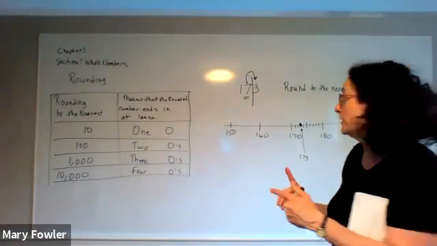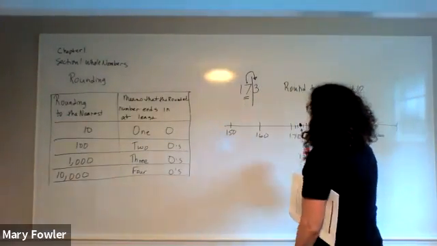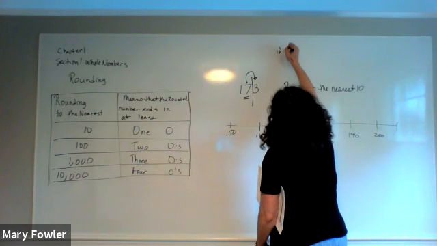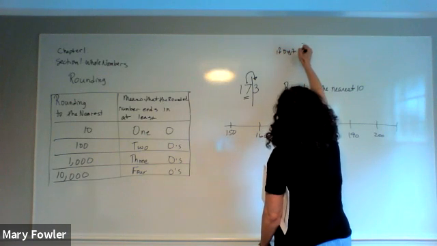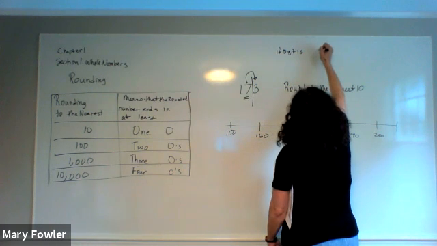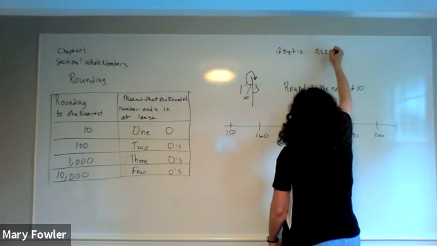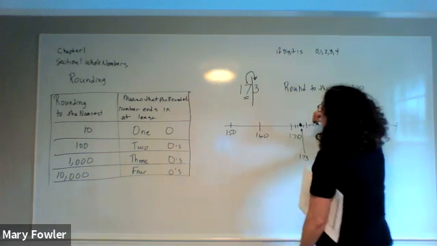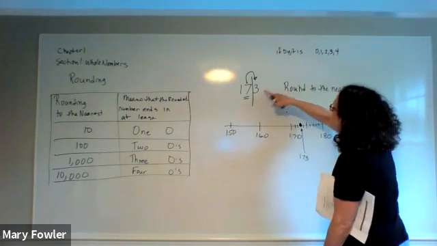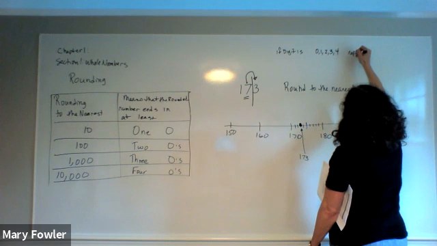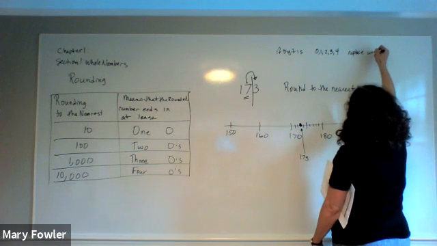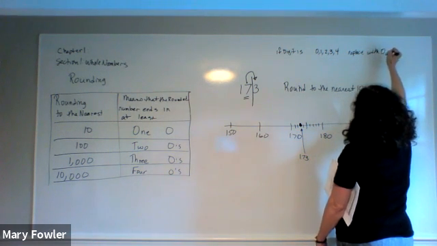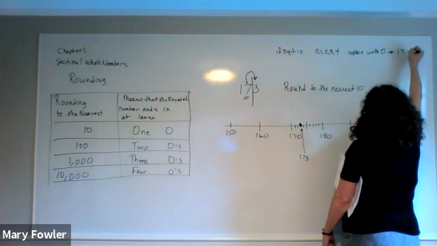The rule is, if that digit is 0, 1, 2, 3, or 4, I replace it with a 0, and the rounded number would be 170.